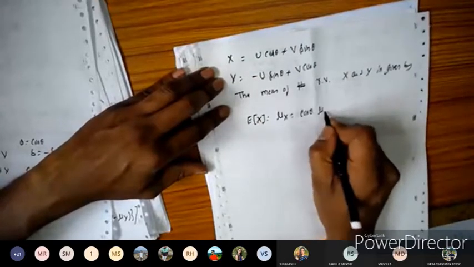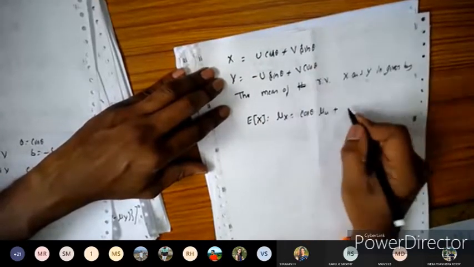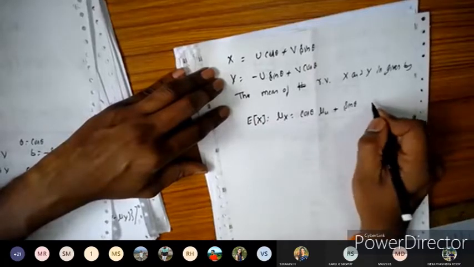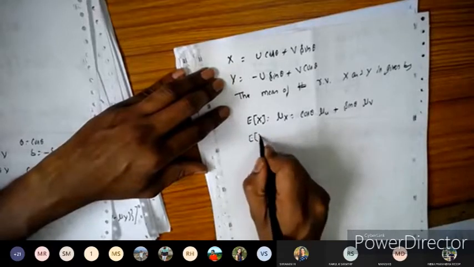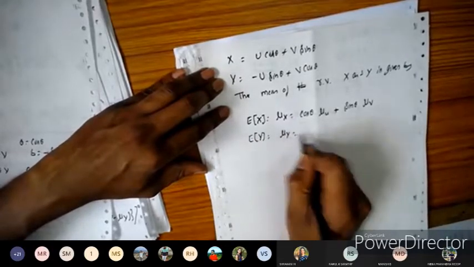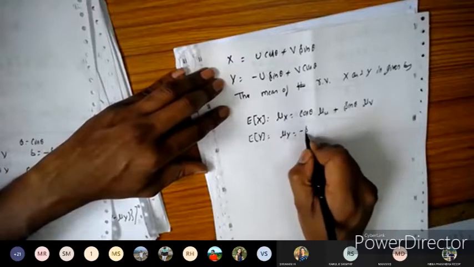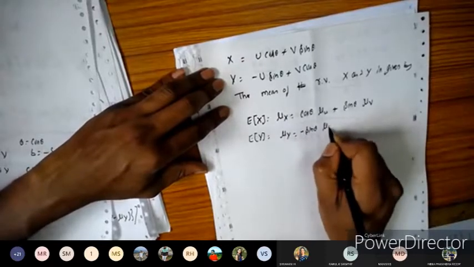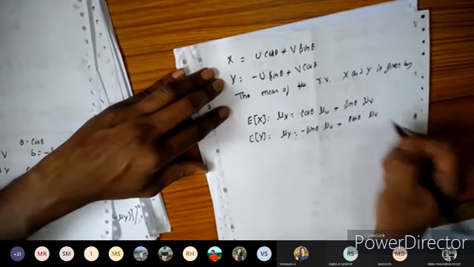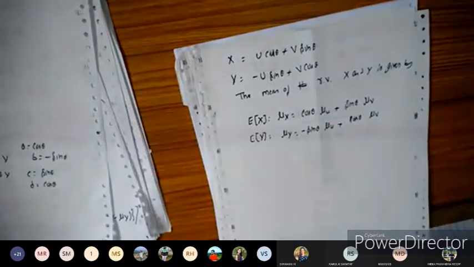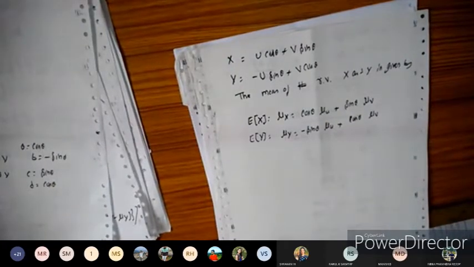We can write this as mu u into cos theta plus sin theta into mu v. The sin theta is a constant, and the expectation of a constant is the constant only, so it will remain. Similarly the expectation of y will become mu y, which is equal to minus sin theta into mu u plus cos theta into mu v. So done.